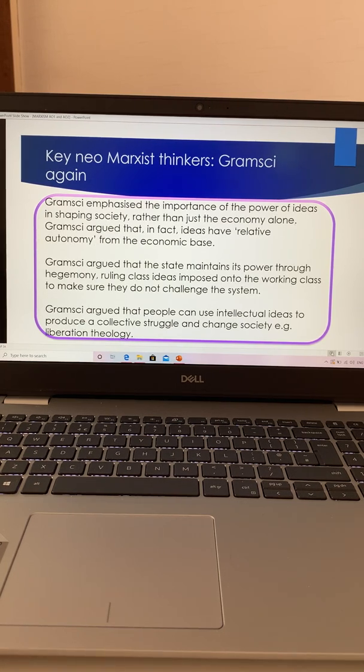So think of some examples that we might think of, people coming together and changing it for the better. Maybe pushing through certain laws could be a way that we could look at that. So it's not necessarily a revolution and people trying to change it economically, but trying to change factors within society instead.